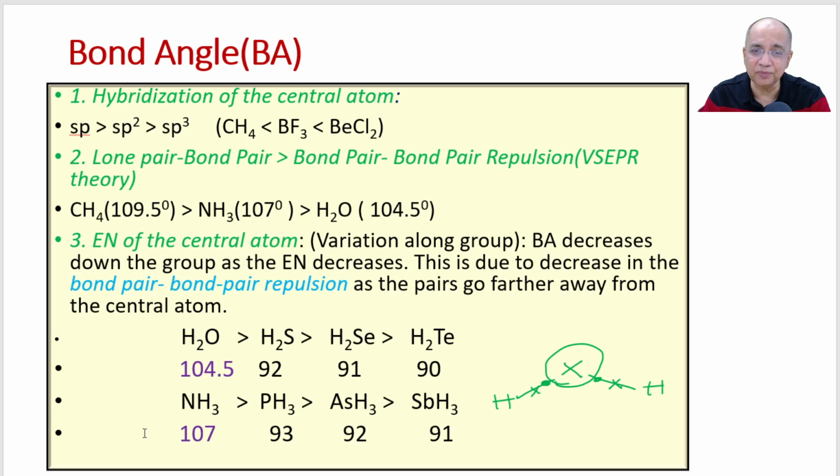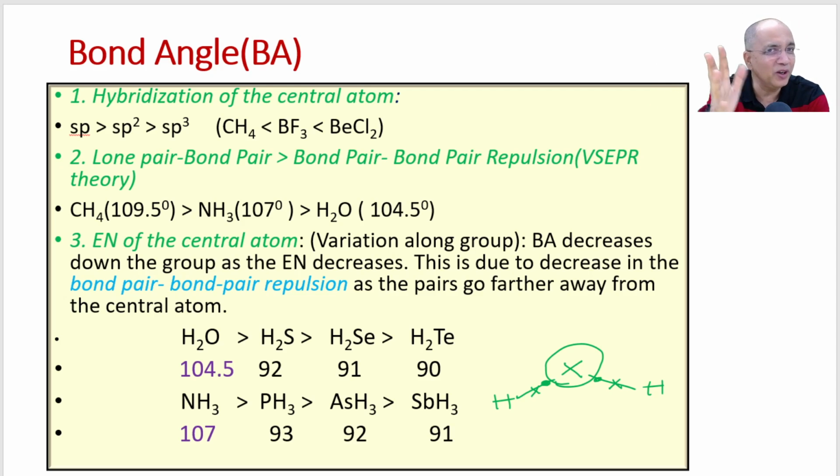Similarly, in the hydrides of pnictogens, the nitrogen family, ammonia is 107. Nitrogen uses hybrid orbitals, but one lone pair makes it a little less. But I tell you that the third, fourth, fifth period elements have larger energy. So they cannot use hybrid orbitals to overlap with the 1s orbital of hydrogen. So there is an energy mismatch between the hybrid orbitals of sulfur, phosphorus, these third period, fourth period elements, and the hydrogen's energy.